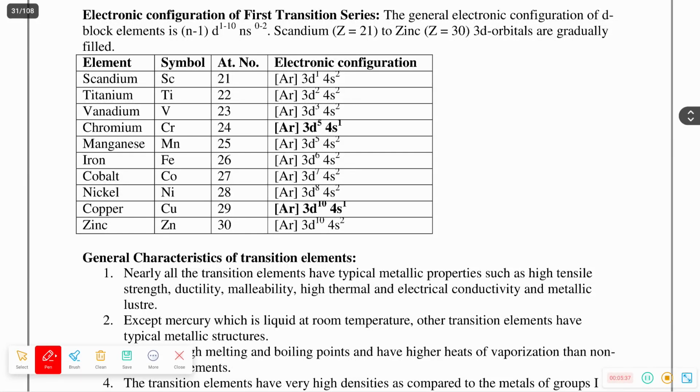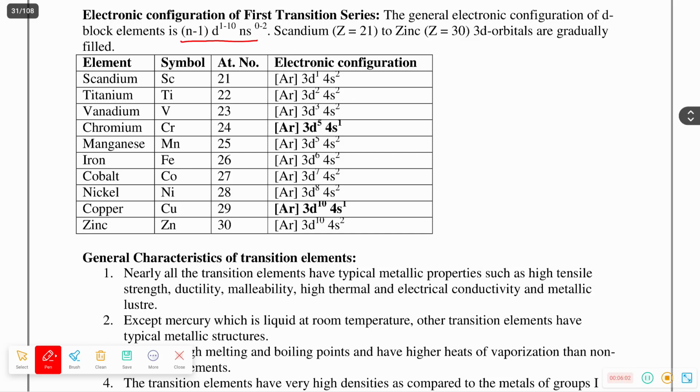Electronic configuration of first transition series. The general electronic configuration of transition elements is (n-1)d 1 to 10, ns 1 to 2. Why is it mentioned that it is 1 to 10?